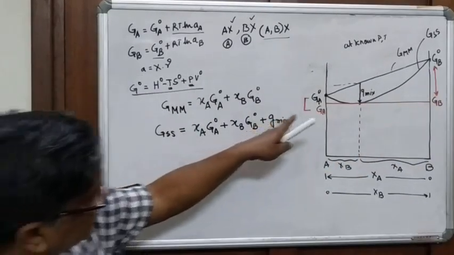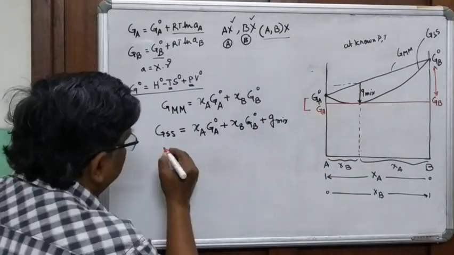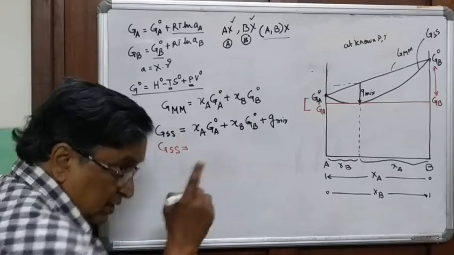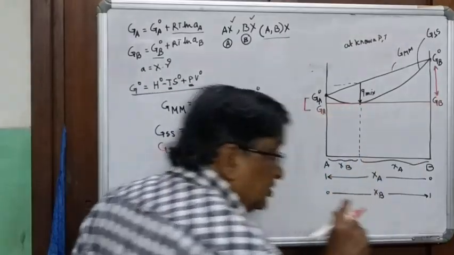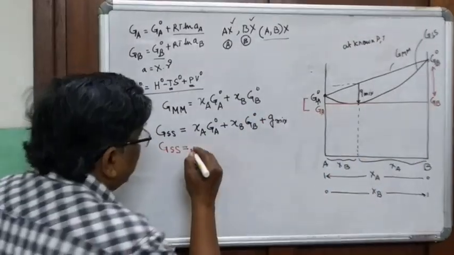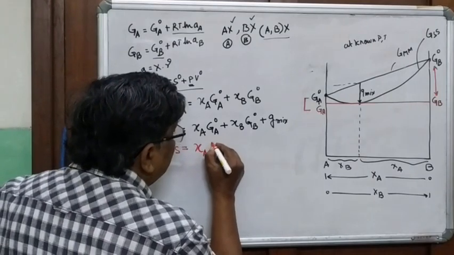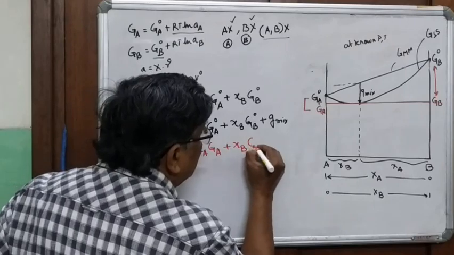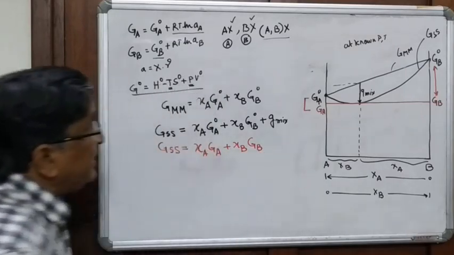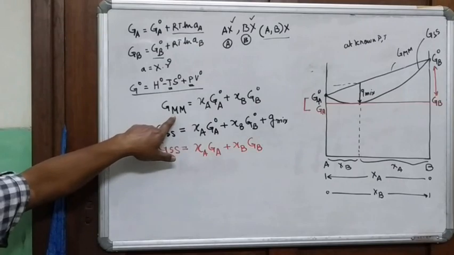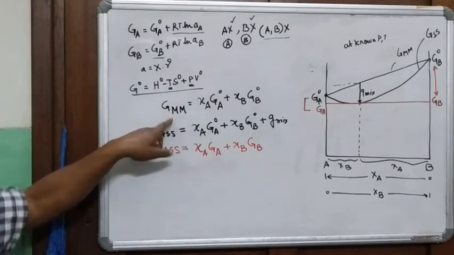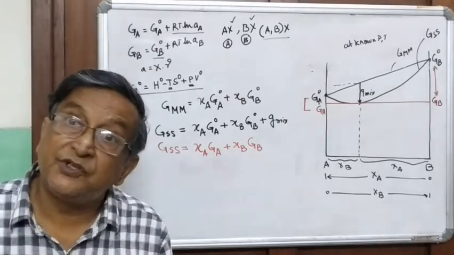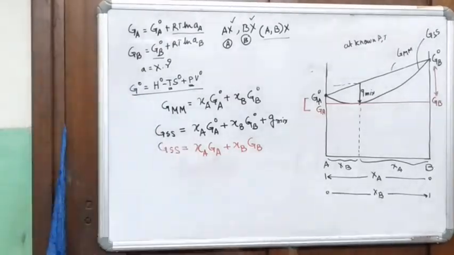If we take the tangent now, then I can write G solid solution as XA GA plus XB GB. Do you see? The same way we wrote for the mechanical mixture. So now we can equate both equations.